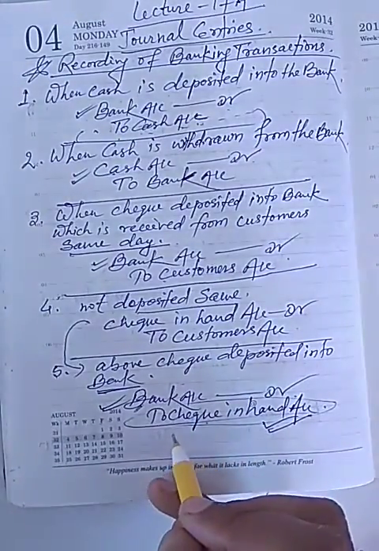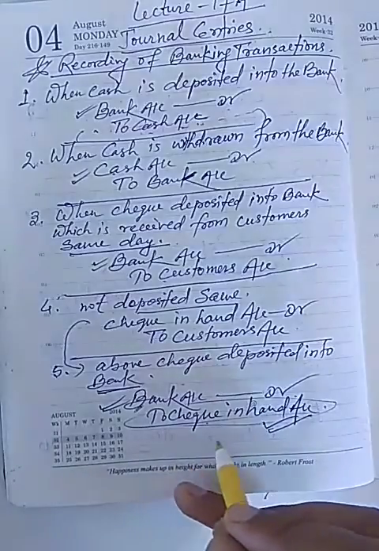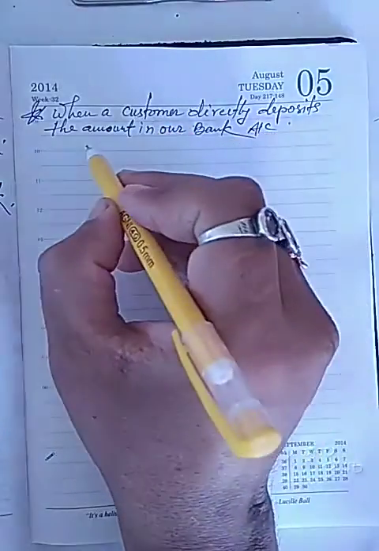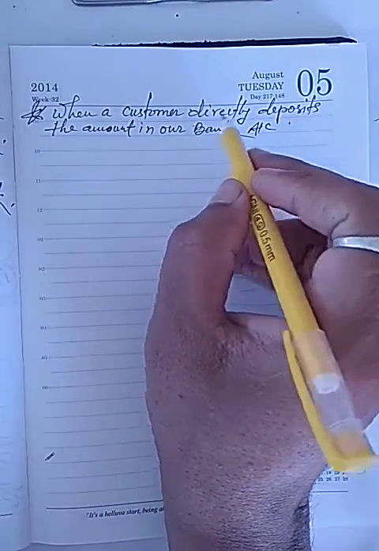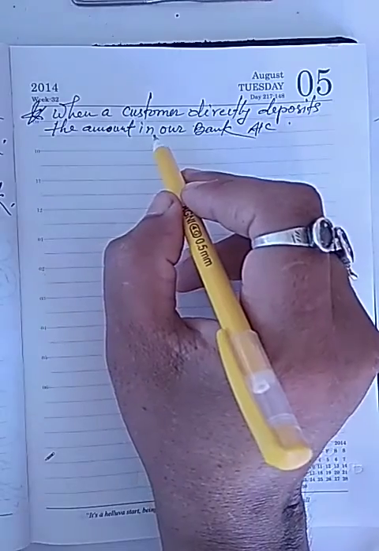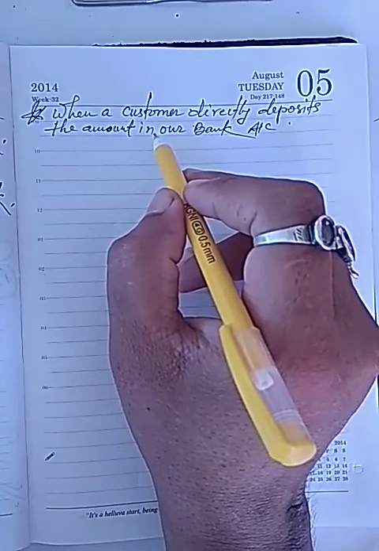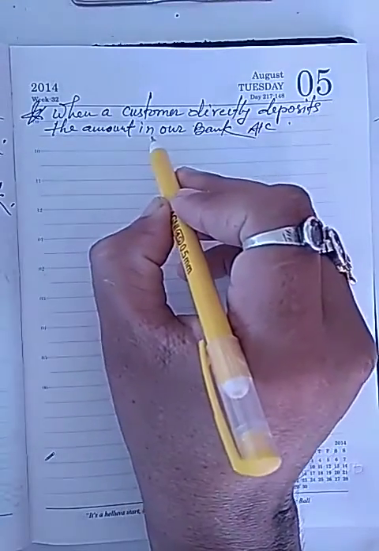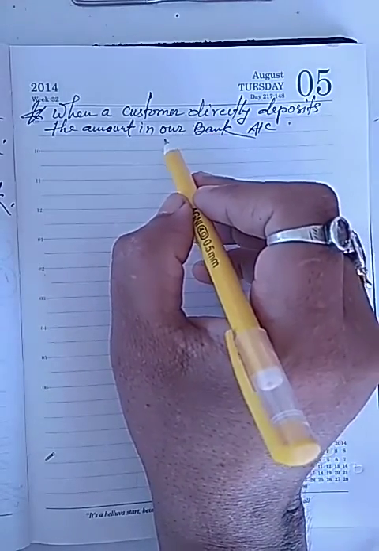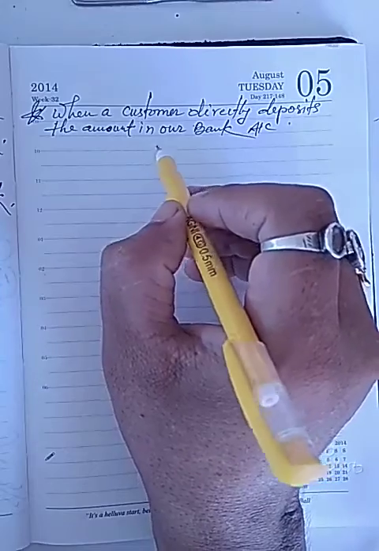Now some other journal entry related to bank is, when a customer directly deposit the amount in our bank account. Sometimes customer direct deposit the amount in our bank account.